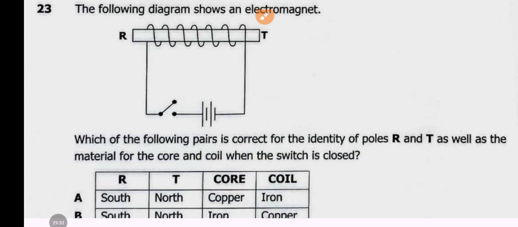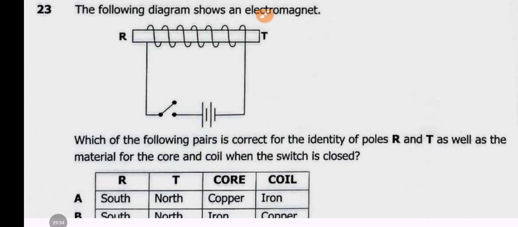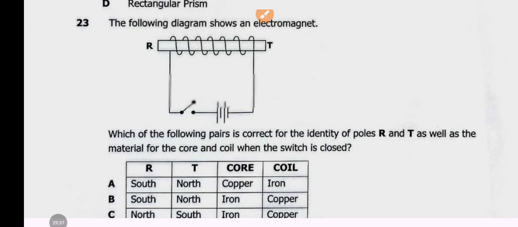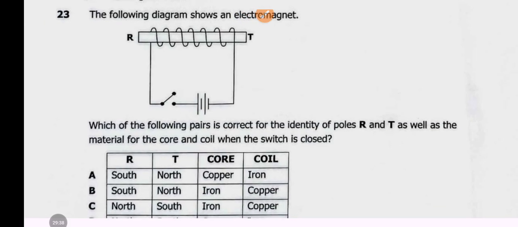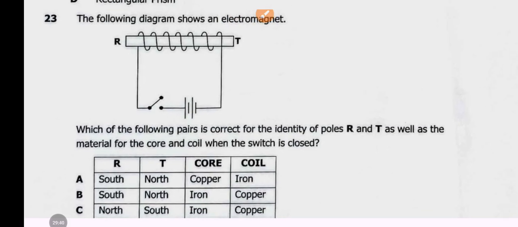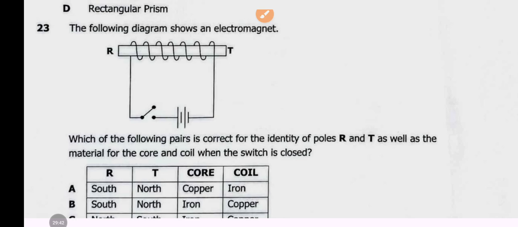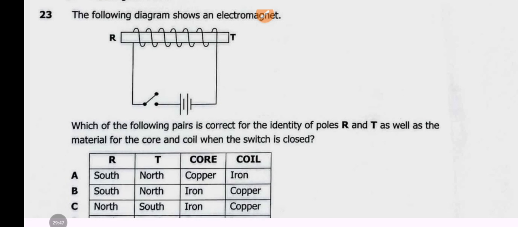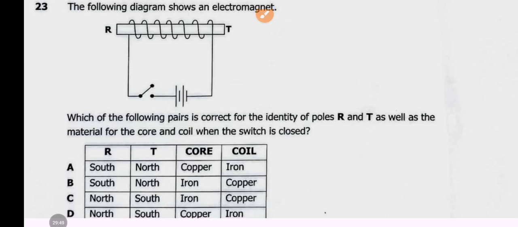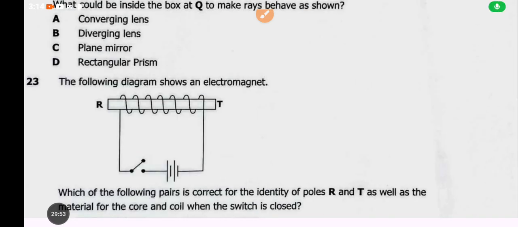Okay. Question 23. The following diagram shows an electromagnet. Which of the following pairs is correct for the identity of poles R and T, as well as the material for the core and coil when the switch is closed? Right, even before we go through the choices, let us solve this question.